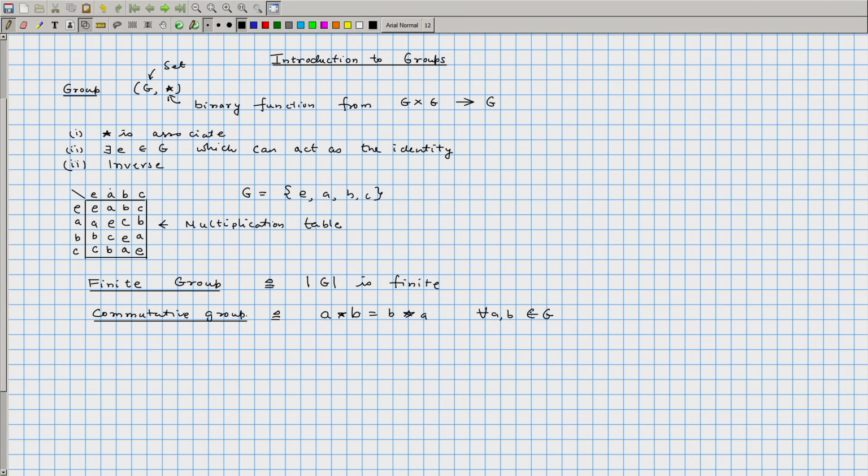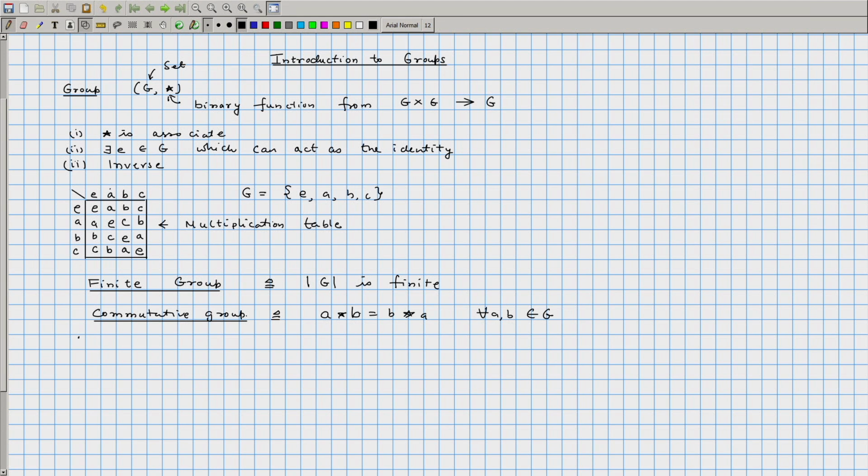Let us see some examples. We will see that this algebraic structure that we defined is not just an abstract notion. There are many cases in mathematics where you come across objects which behave in this particular manner, many familiar examples.